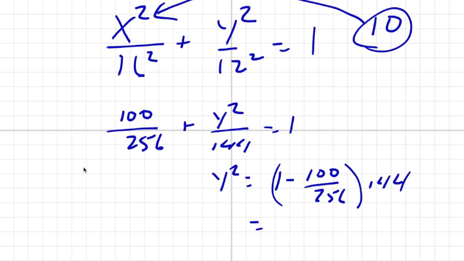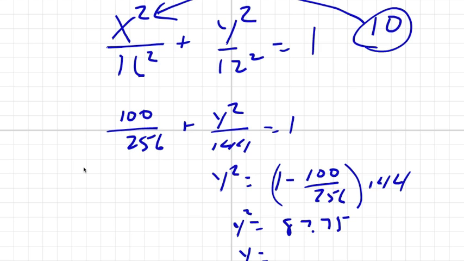And we get out our handy calculator. And what is that? Times 144, y squared is 87.75.